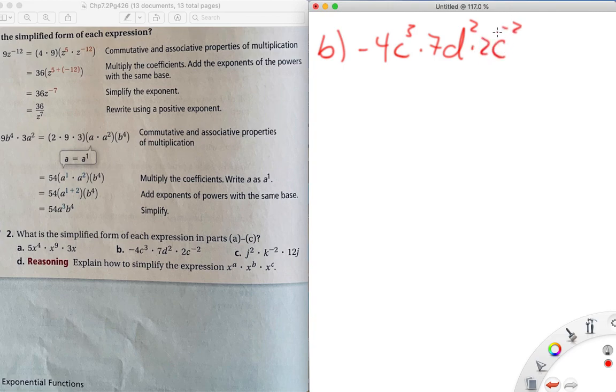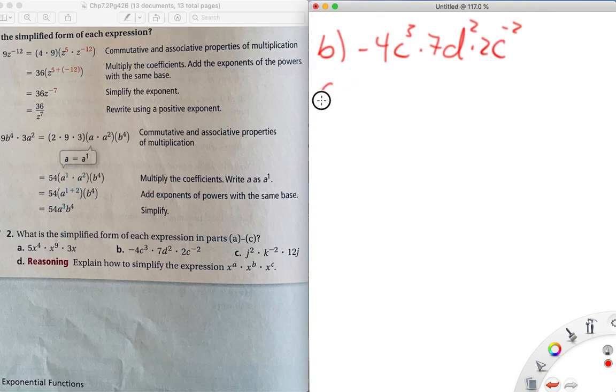So first thing I'm going to do is put all the terms that are the same or similar with each other. In this case, I have numbers and I have the variable c. D has no other variable for me to combine with, so I leave that alone.